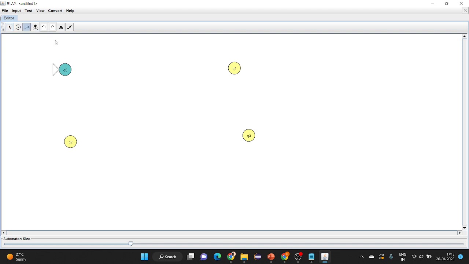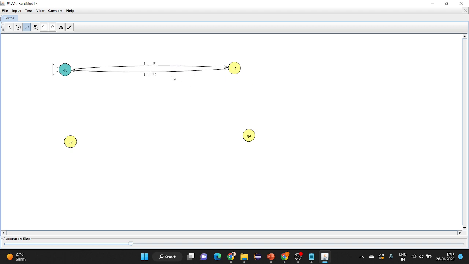So for an even number of ones, basically from Q0 we move to Q1. Here it is 1. If it is 1, we replace it by 1 and shift right. Again, if it is 1, it is replaced by 1 and right shift.